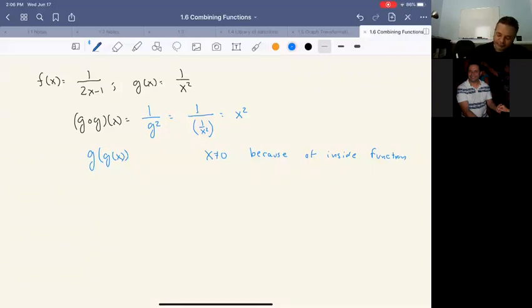So our domain is going to be negative infinity to 0 together with 0 to infinity.